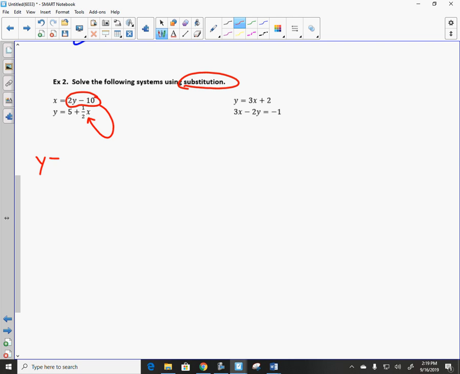I get y equals 5 plus 1/2 times, and make sure you put parentheses around it so you distribute through, 2y minus 10. So y equals 5 plus, what does this come out to be here? 1y minus 5.